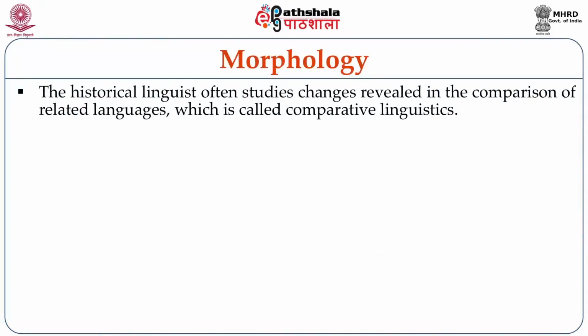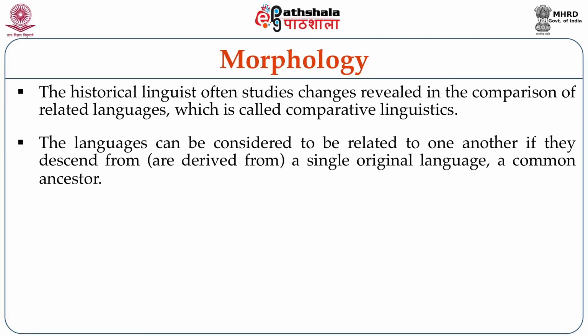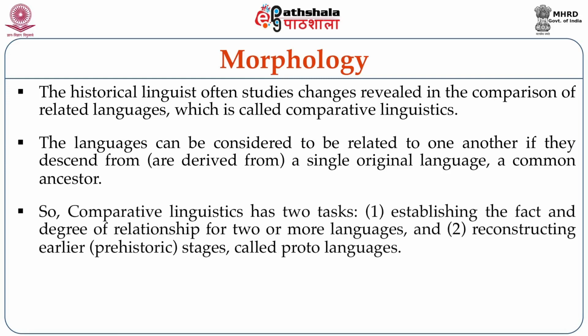The historical linguist often studies changes revealed in the comparison of related languages, which is called comparative linguistics. The languages can be considered to be related to one another if they descend from, that means are derived from, a single original language, a common ancestor.